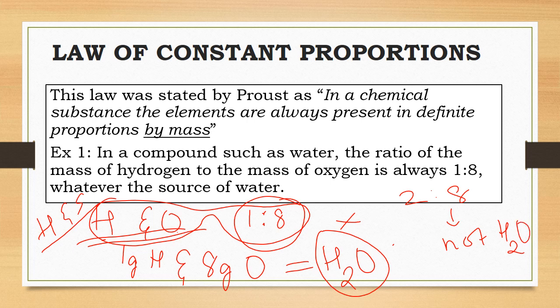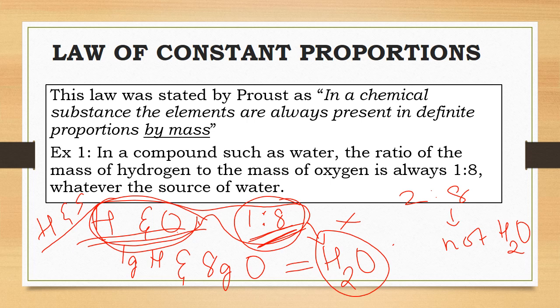So according to law of constant proportion, irrespective of the source, the compound will have same elements in a fixed proportion. The proportion in which they combine to form a compound is fixed.